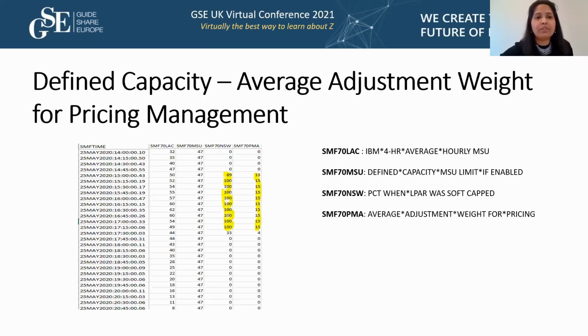It is using more than the defined capacity because of the average adjustment weight for pricing management. There are 2 more variables here, 89, 100, 100. It reached the soft cap. And once it has reached the soft cap, automatically that average adjustment weight for pricing model increases the MSU usage, see 13, 15 and 15, 15. That adjustment will happen automatically when it has reached the soft cap.